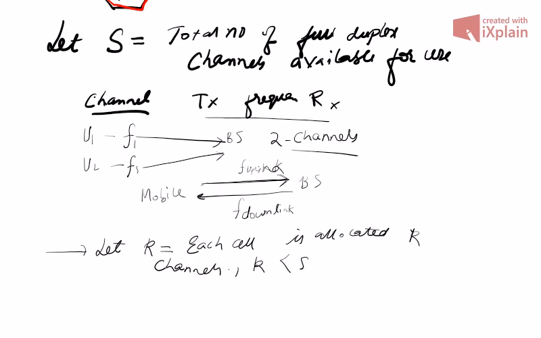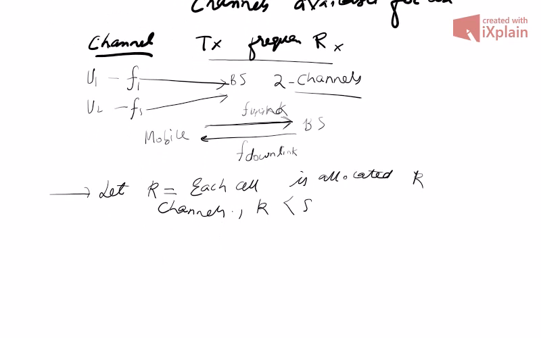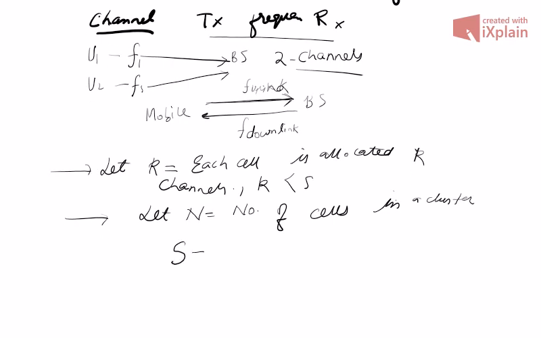Definitely k has to be less than S. And let n be the number of cells in a cluster. Okay, now you know what a cluster is. Then how can we relate this S and n? It will be definitely k times n.